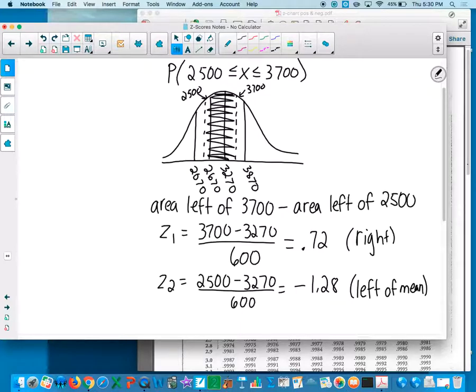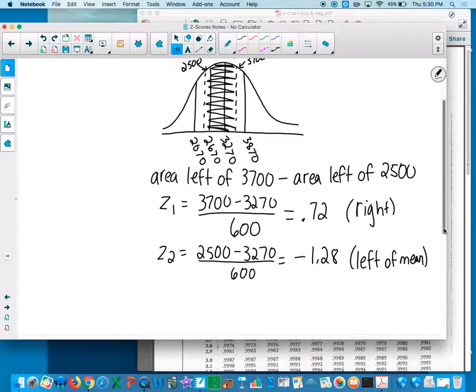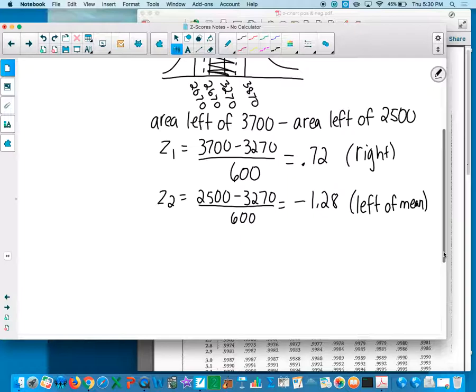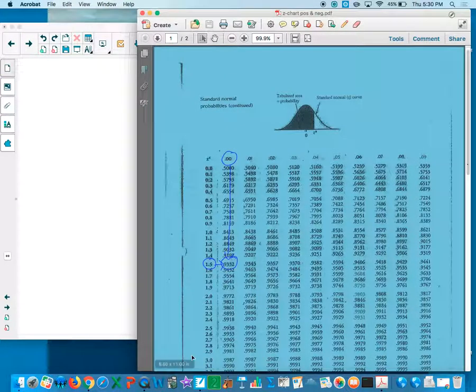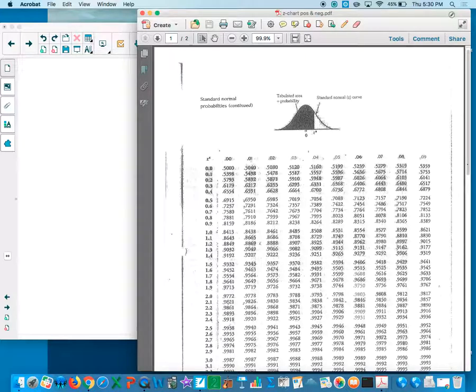If it's negative, it's on the left side of the mean, so we're looking at the back of the chart. So let's calculate the area for each. So for the 0.72, let's go back to our chart. Oops. Sorry about that. I'm going to erase that. We're going to go to 0.7 and 0.02, because if you add that together, you get 0.72. And we find our probability of 0.7642.